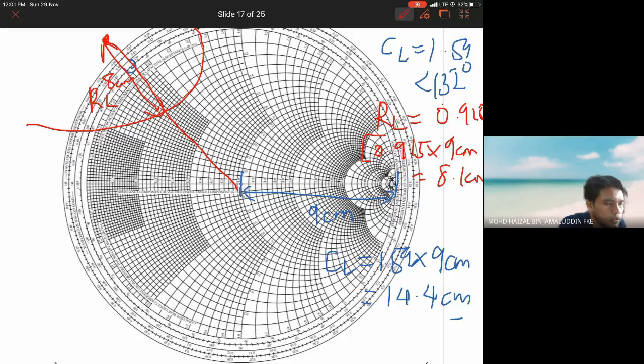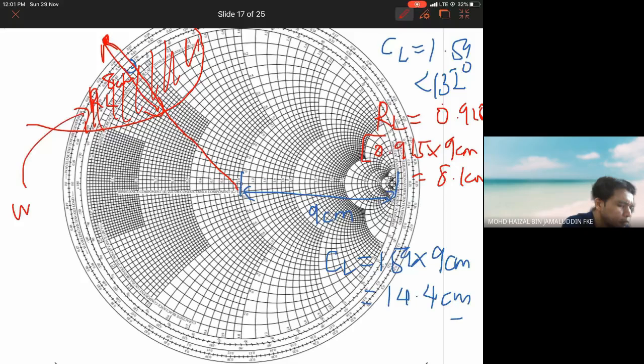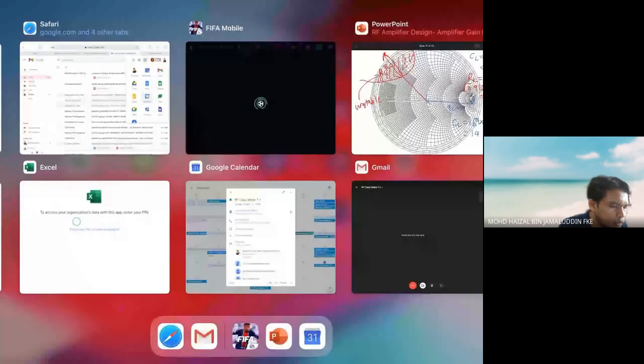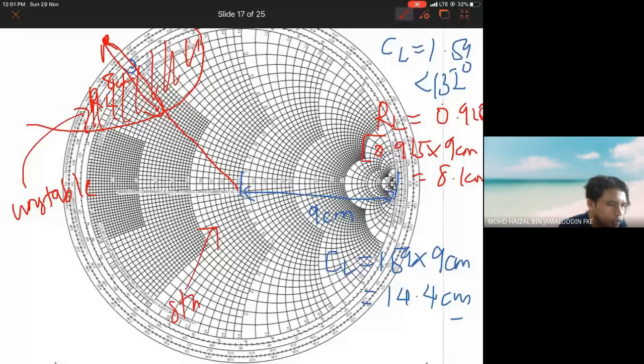Here I just shaded this. This is the region where it is unstable, and this other area is the stable region. You need to do this for both the load and the source.